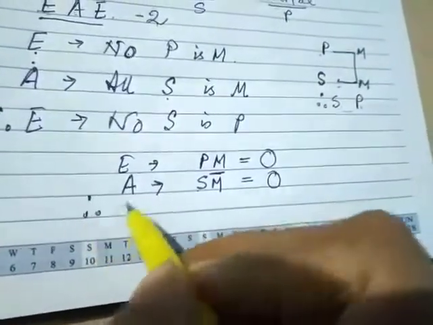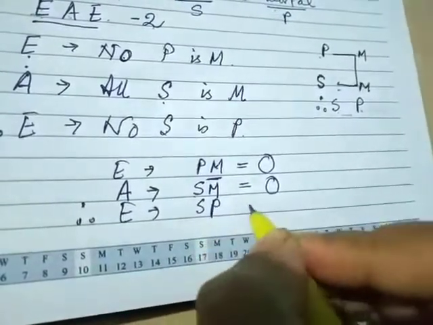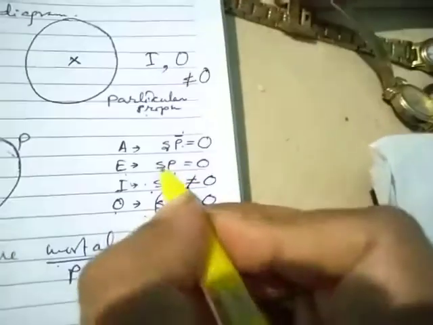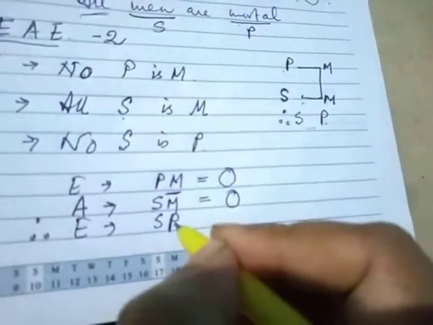The conclusion is an E proposition with SP, and the symbolization of SP is subject predicate, with no bar, equal to 0.